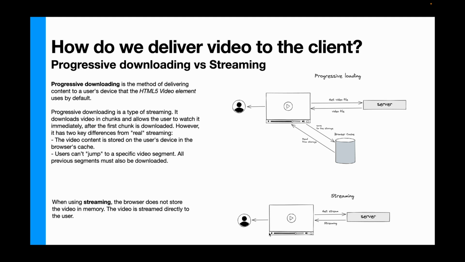The video content is stored on the user's device in the browser's cache, and if users want to jump to a specific video segment, all previous segments must also be downloaded. When we use real streaming, the browser does not store the video in memory. The video is streamed directly to the user.